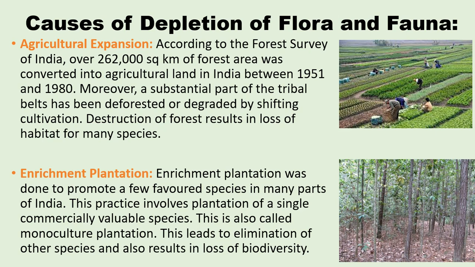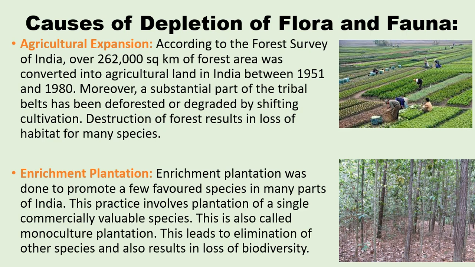Causes of depletion of flora and fauna. Flora and fauna are decreasing. The first and most important reason is agricultural expansion. As you know, students, with a growing population we need more and more food grain.